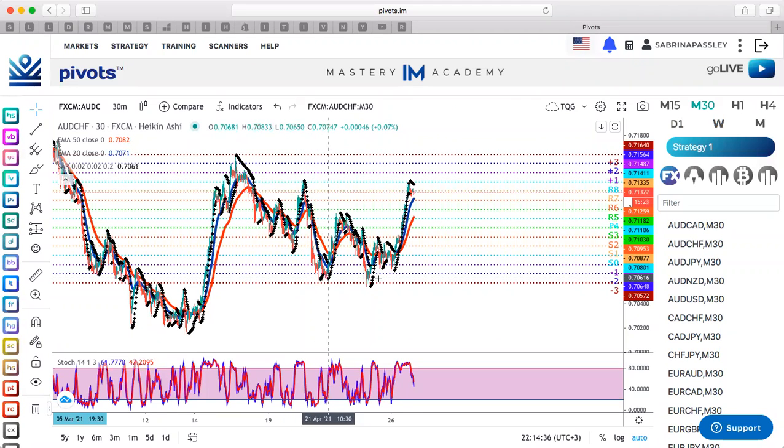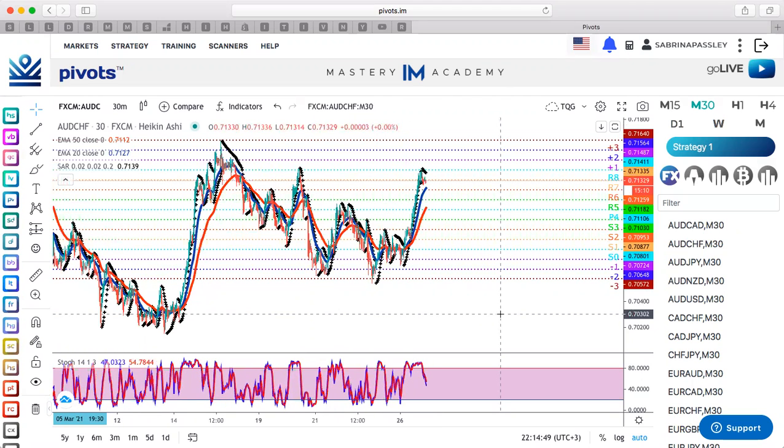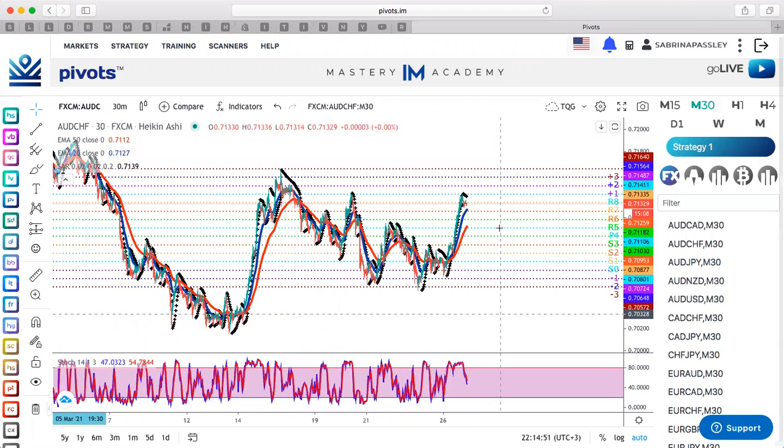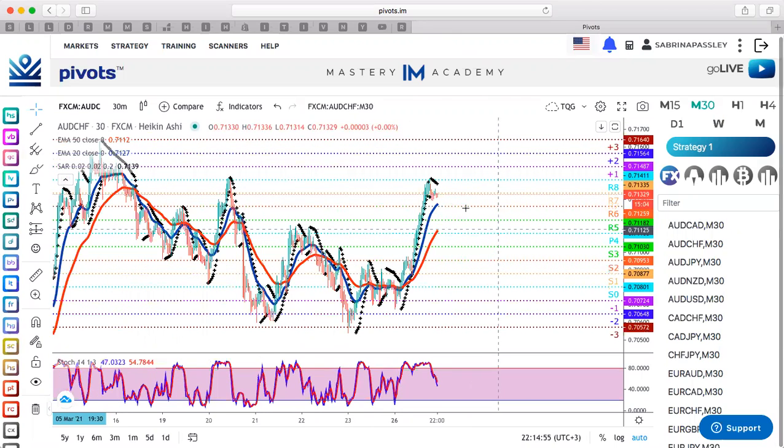It created a double bottom, which is like a W pattern, and off the back of that double bottom, it started to move up. It's gone back to R8. Potentially, it could start coming down from here. So that is a very key level for you to be looking at sells once your EMAs start to cross.